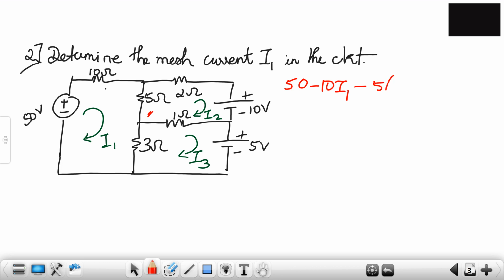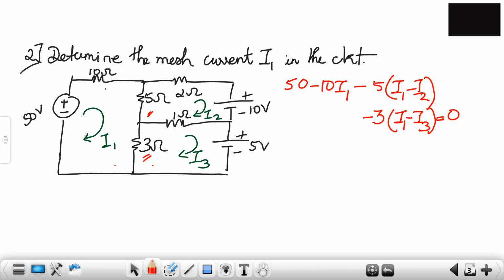So it will be minus 5 times I1 minus I2. We have taken I1 minus I2 because we are finding for loop 1. So it is the first current minus the second current, and 5 ohms is common between loop 1 and loop 2. Next, minus 3 times. Now 3 ohms is common between which loops? Loop 1 and loop 3. So it will be minus 3 times I1 minus I3 is equal to 0.